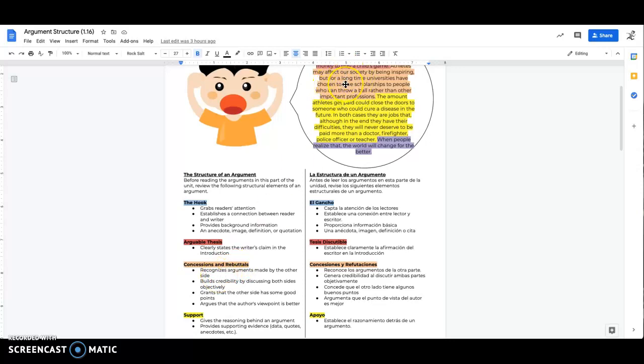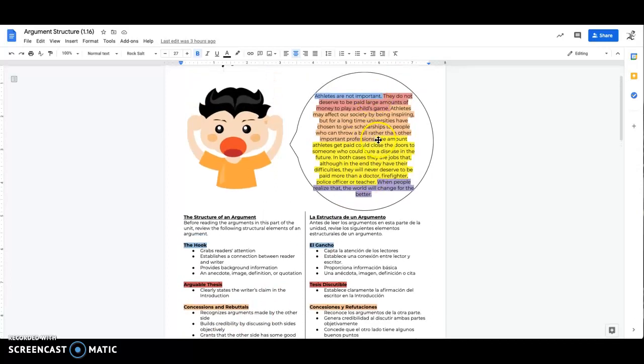So if this person is talking about athletes not deserving as much money as they make, that means that they need to consider that there are many people who might disagree and say that athletes do deserve the money that they make. So in order to build your credibility, you need to acknowledge that there is a counter argument, and you need to argue against it. So you say like, okay, there's another side. That side might have some good points, but still my viewpoint is better.